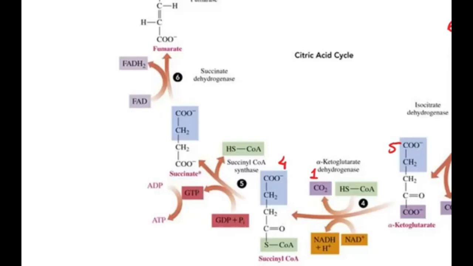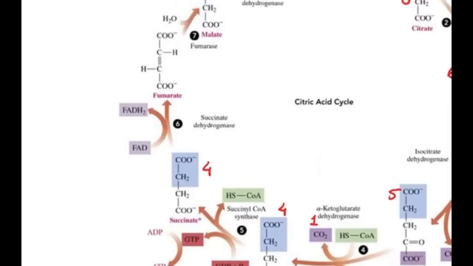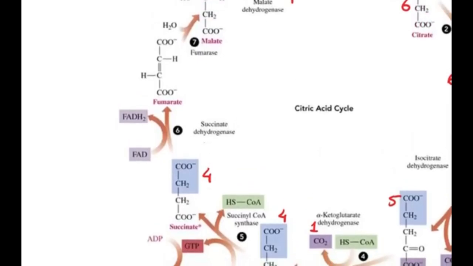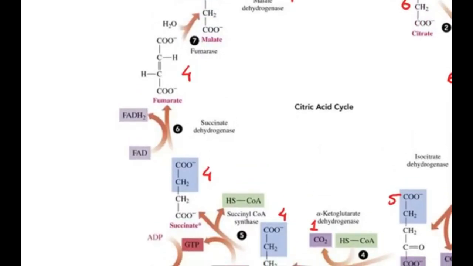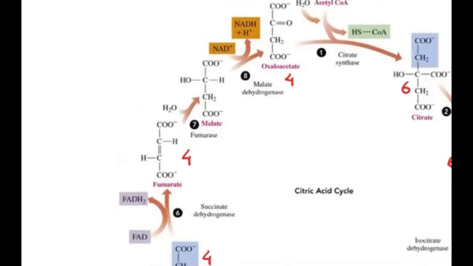Succinyl-CoA is oxidized to succinate, also 4 carbons. Succinate is oxidized to fumarate, and fumarate is oxidized to malate, and malate is finally oxidized to oxaloacetate. Okay?